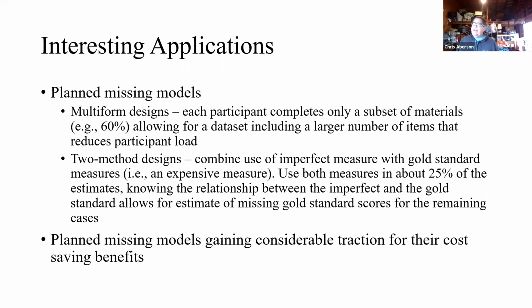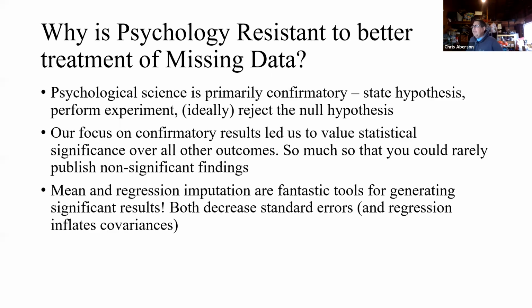Gaining a lot of traction in a variety of fields, particularly those where measurement is expensive, whether people have to physically come in to a location and sit in an MRI or something like that. These sorts of models really have done a great deal for those approaches.